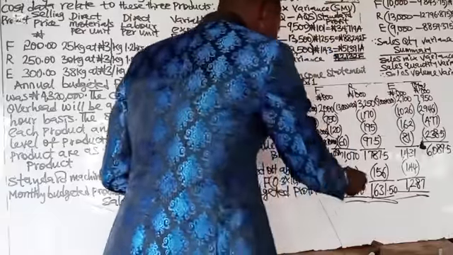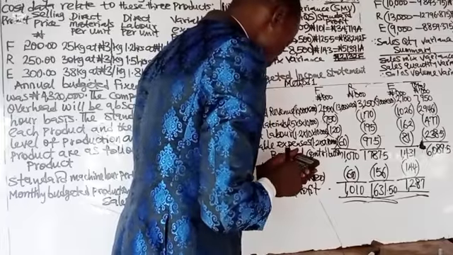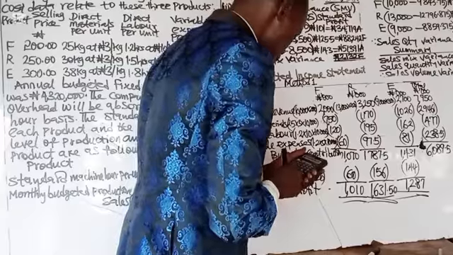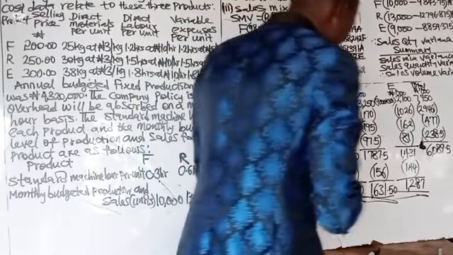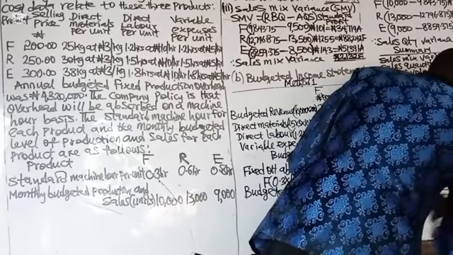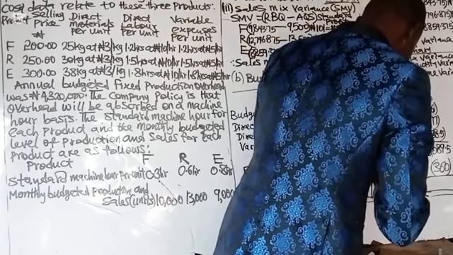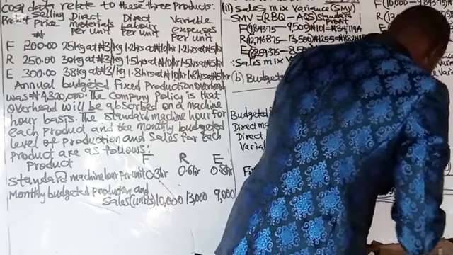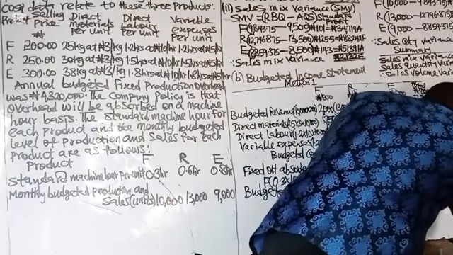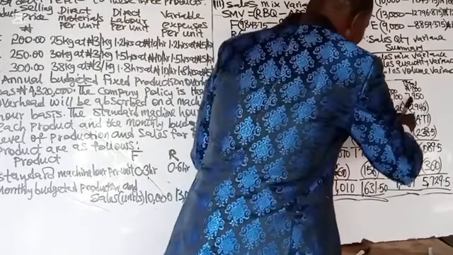Then the total fixed overhead absorbed: 60 plus 156 plus 144. Then you have 360. Let me make a correction here.